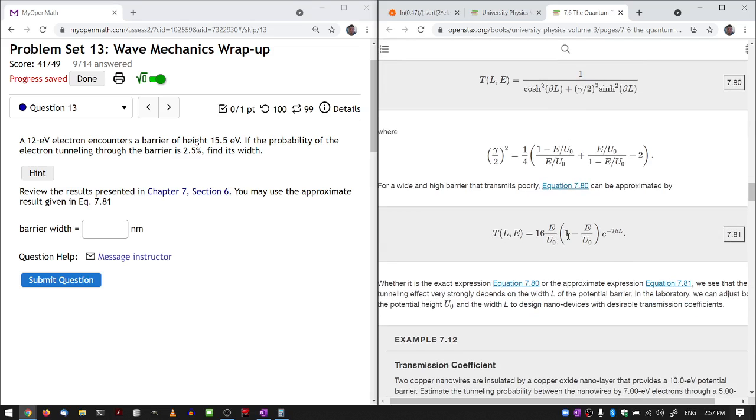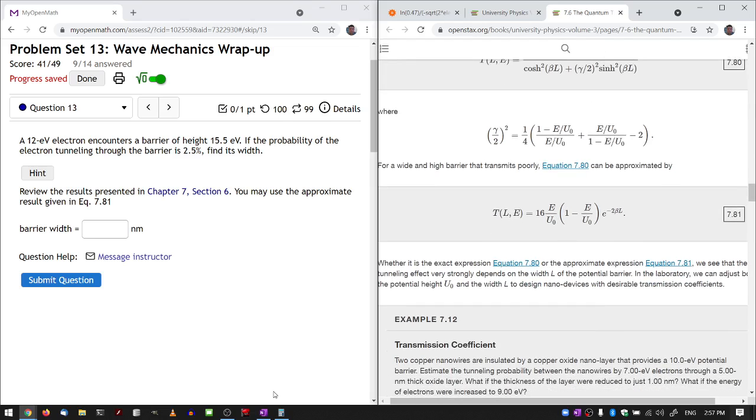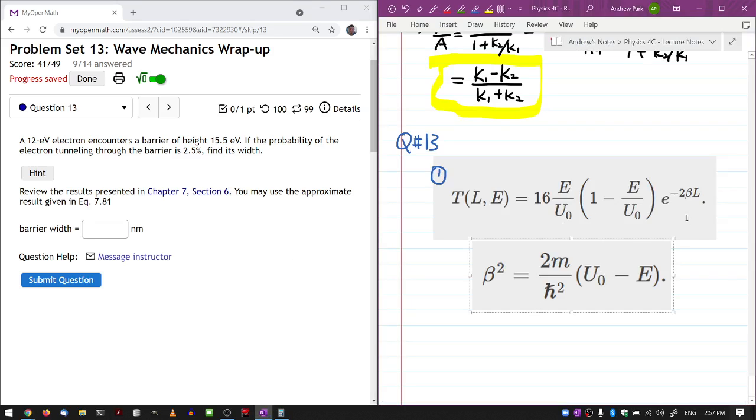So, looking at the expression here, beta is a parameter that I can actually get a numerical value of. Given this T, my goal is to solve for this L here.